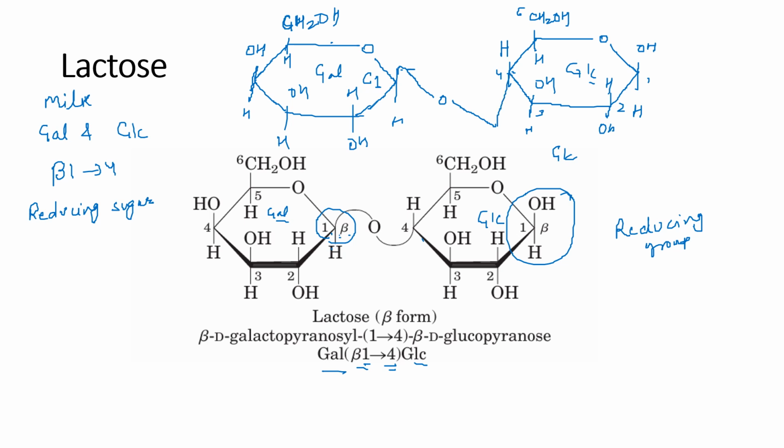Okay, so now this is easy to remember, I hope. In lactose, the linkage is beta 1,4. In the extended form, the galactose pyranose form is involved. The linkage is 1,4, and it is beta-D-glucopyranose and beta-D-galactose.